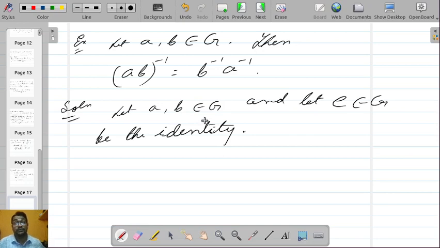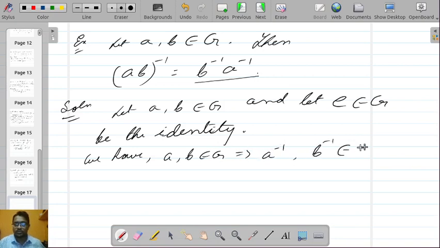We already know that inverse is unique. So if I am able to show that the product of b inverse a inverse with ab is identity, then we are done, right? So we have a, b belong to G, which implies a inverse, b inverse are also members in G. Okay, this is by property of group.